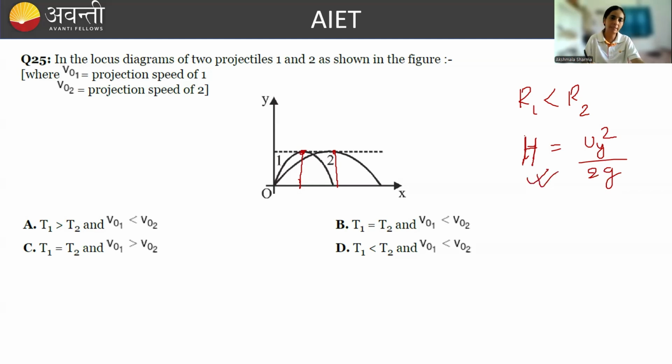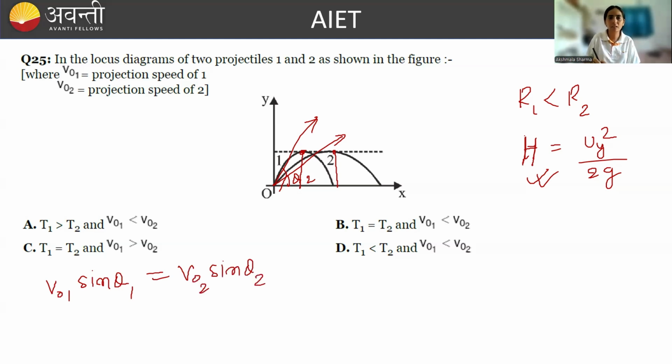So if maximum height is the same, it means the y direction initial velocity for both projections is the same, right? So if this angle is theta 2 for the second, and this angle is theta 1, then we can say that V01 sine theta 1 is equal to V02 sine theta 2. First thing, okay? From this we are getting this.